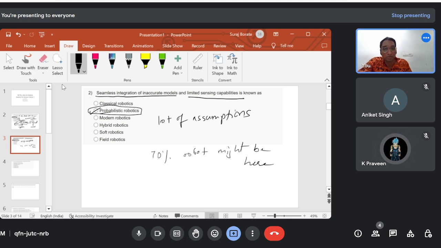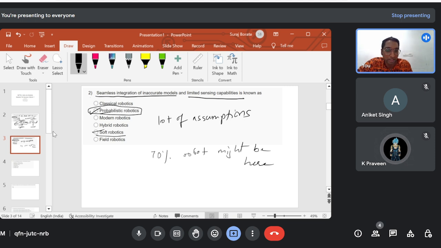Okay, soft robotics and other things are okay. So for example, what is soft robotics? Soft robotics is a field of robotics where the robot itself is soft, literally soft. So it can deform.